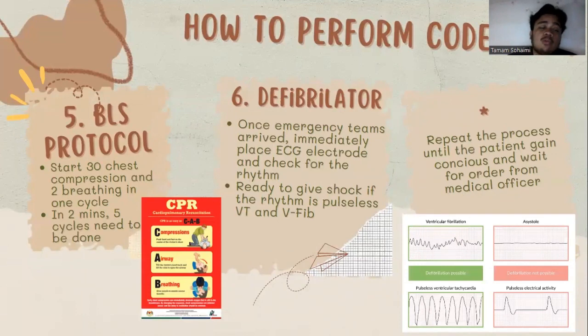As a CVT, we also need to know how to handle the defibrillator. For example, there is an image showing how the ECG looks for VFib and pulseless ventricular tachycardia. However, if the ECG shows asystole or PEA, pulseless electrical activity, we do not give a shock. We must continue CPR.